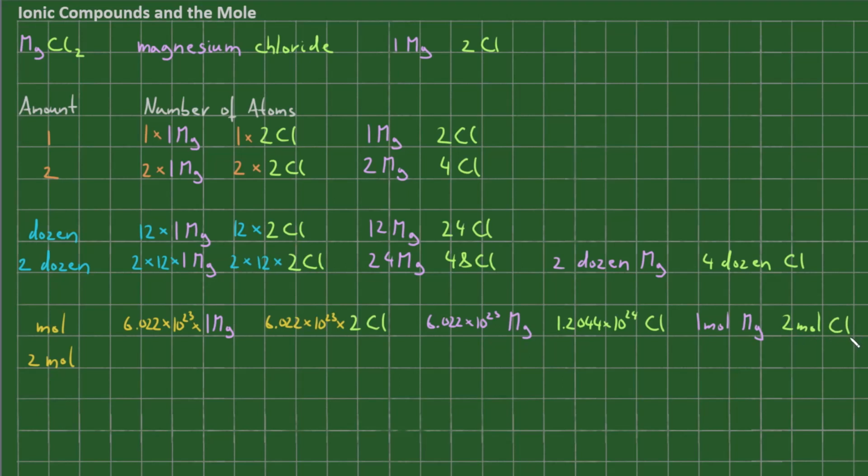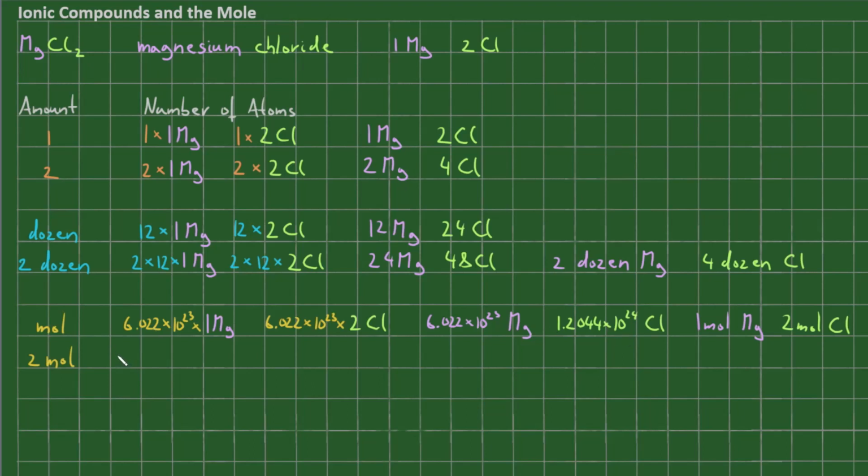Recall, just as dozen stands for 12 and 2 dozen stands for 24, so a mole stands for 6.022 times 10 to the 23rd, and 2 moles, well, they stand for twice as much, which is 1.2044 times 10 to the 24th. All right, what happens if I have 2 moles of magnesium chloride units?